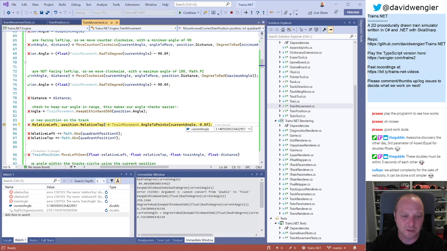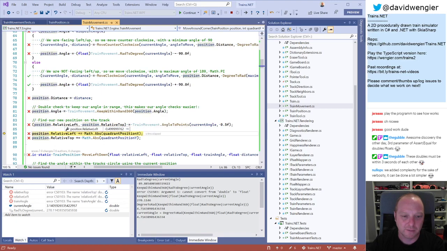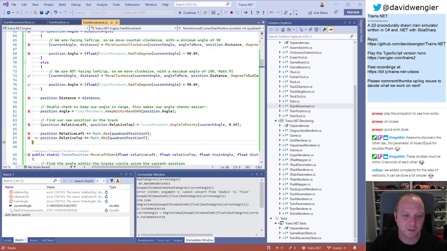So now angle to points is where it's getting wrong. So our relative left is minus... Oh, hang on. Did I pass in the wrong... No, I can't have. Left plus equals y plus equals 1.05. That's right, because it is supposed to go into the next cell.